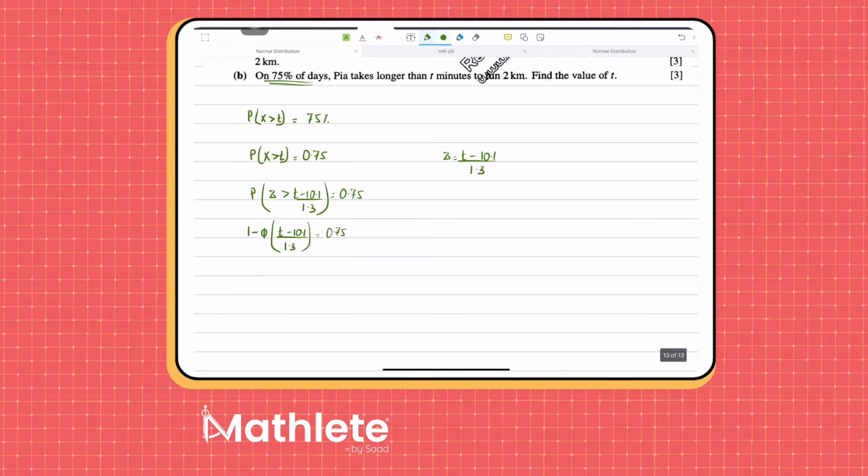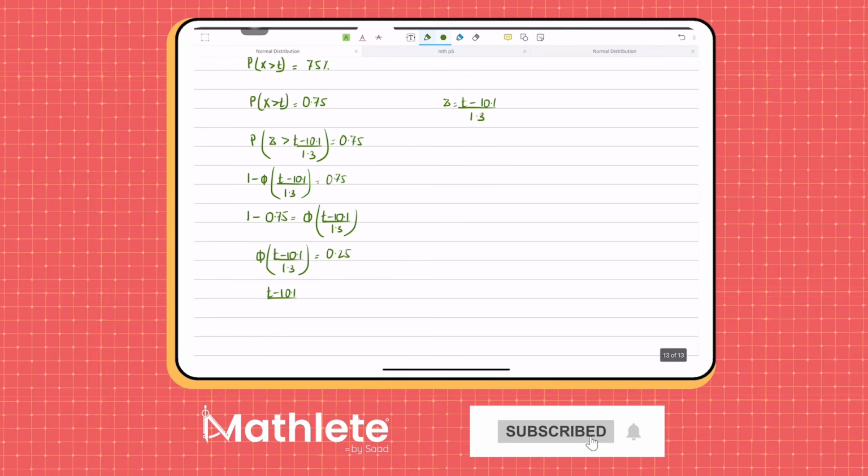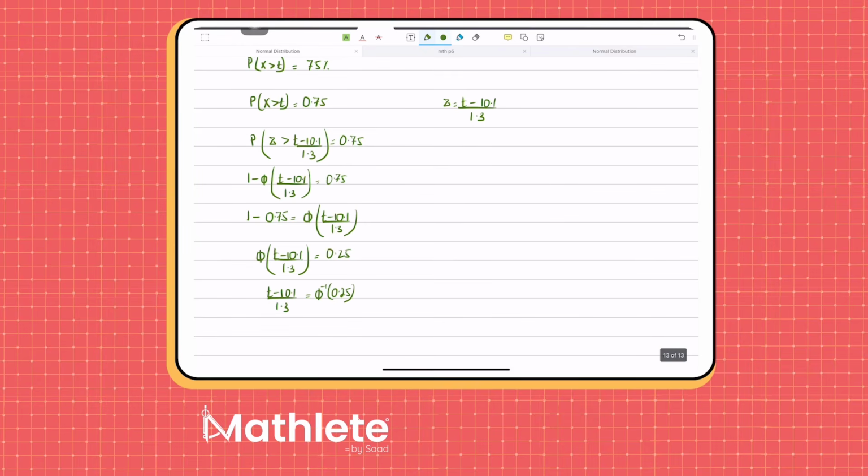So when you do 1 minus 0.75, which is equal to phi of (t minus 10.1) over 1.3, you're left with phi of (t minus 10.1) over 1.3 equal to 0.25, which means we now have to find phi inverse of 0.25.